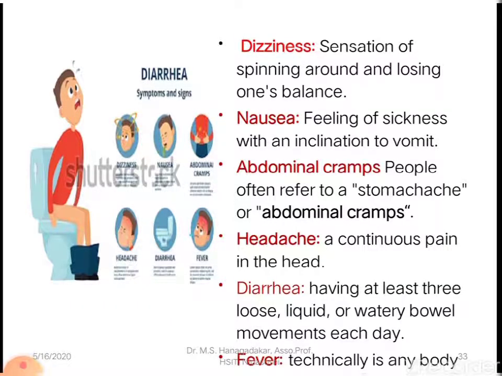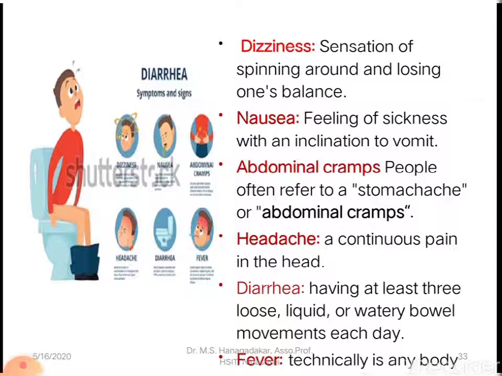Some other symptoms if sulfate is present in the water sample: dizziness, meaning a sensation of spinning and losing one's balance.